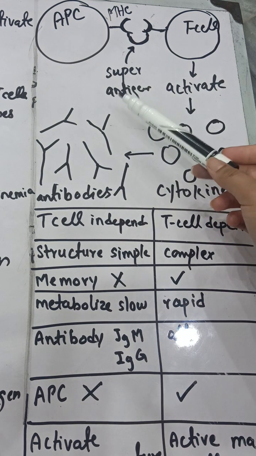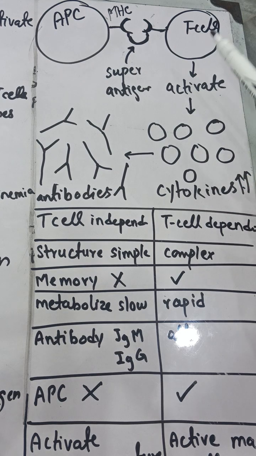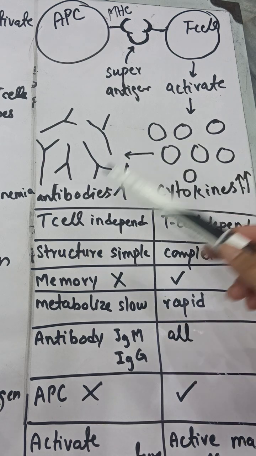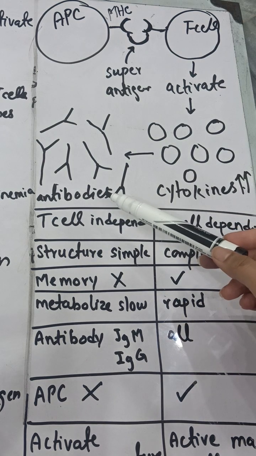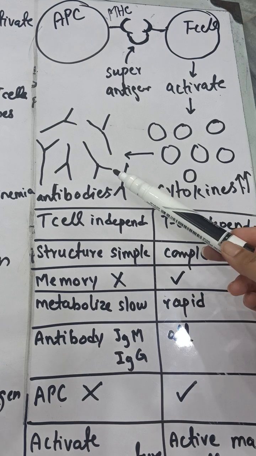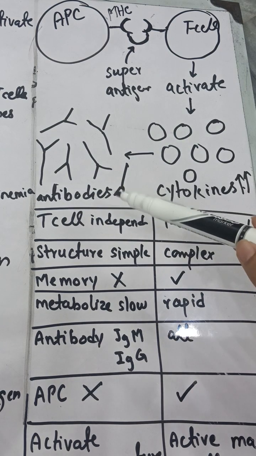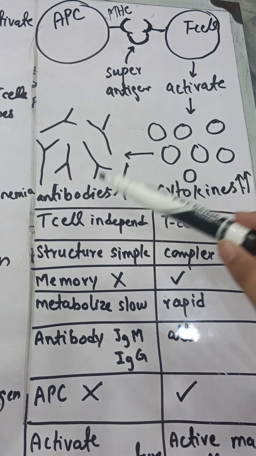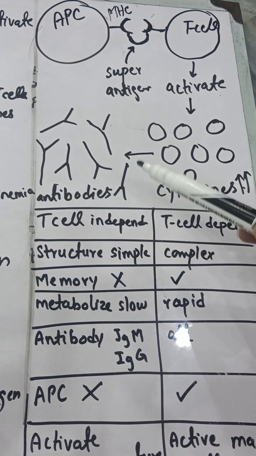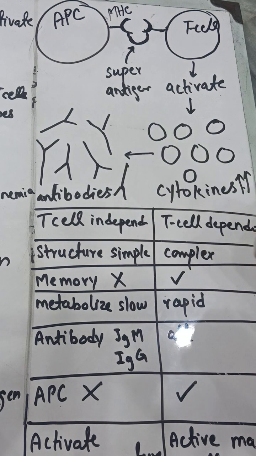When any super antigen comes, it will cause super activation of T cells, which results in super release of cytokines, which will cause super release of antibodies, and that will cause autoimmune disease. It will destroy your own organs, and therefore it can cause the death of the patient. That's why they can cause food poisoning.